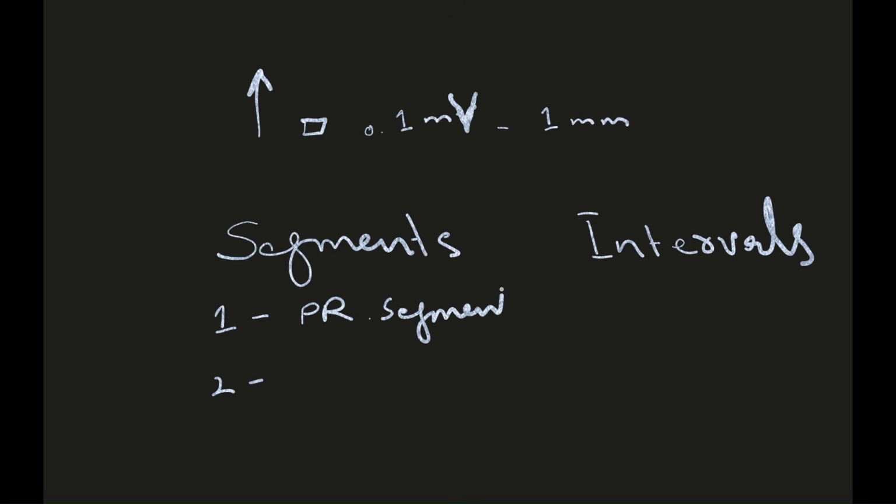Just remember it by heart. What is the PR segment? The PR segment starts at the end of the P wave and ends at the start of the Q wave. That is your PR segment. That is very important. Just remember it by heart because it's clinically important.